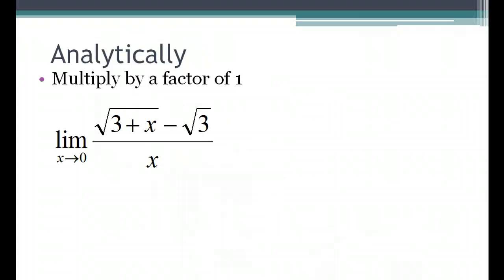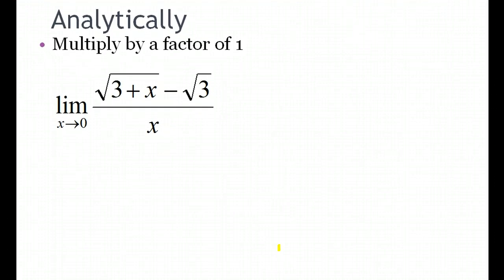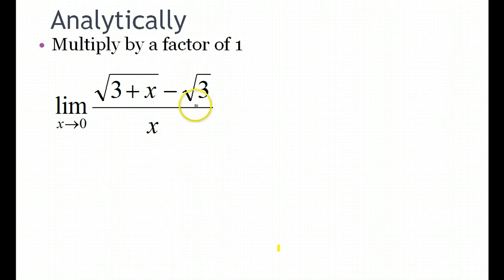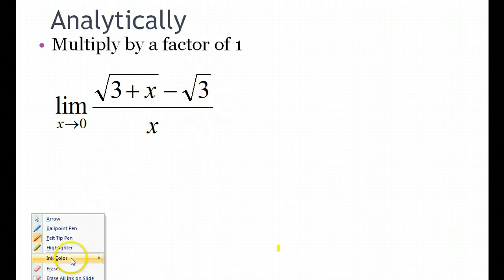All right, so we're going to try another one here, and that will be another conjugate that we're going to use. So let's decide what our conjugate's going to be. You're going to look at that numerator.